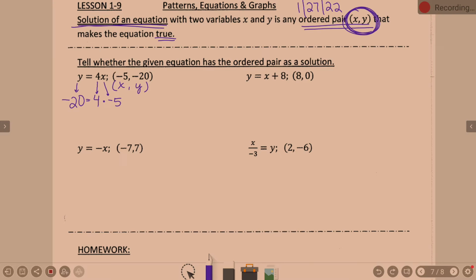So I just carried each piece down, right? Negative 20 is negative 20. What is 4 times negative 5? Negative 20. Is it negative 20? Yeah. 4 times 5 is 20, right? 5, 10, 15, 20. A positive times a negative is a negative.